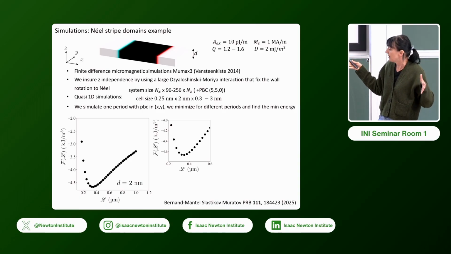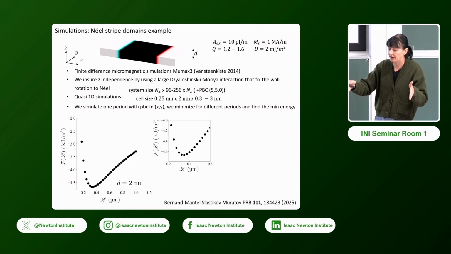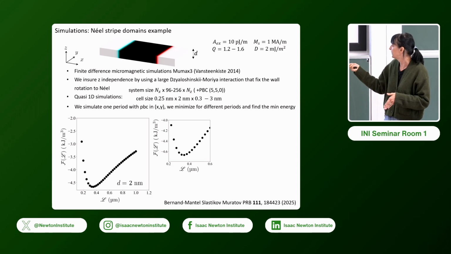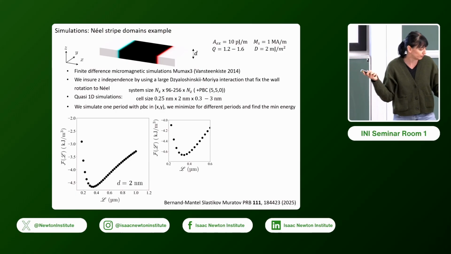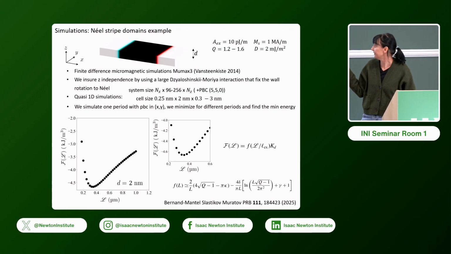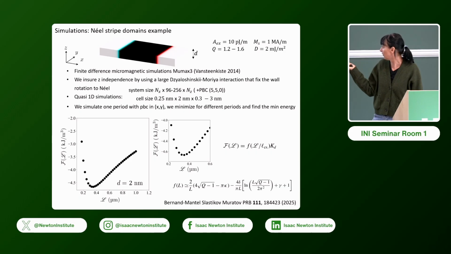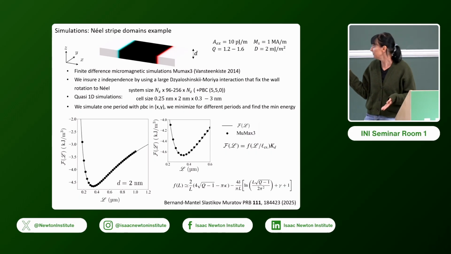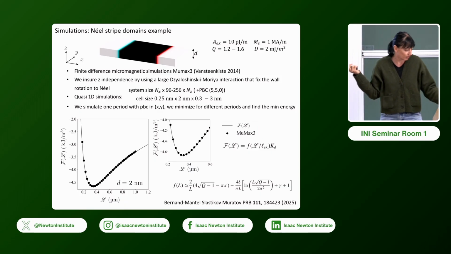pattern, and I'm just going to minimize while shrinking the thing, and eventually I obtain a minimum of energy, which is represented zoomed here, and I can compare this with my nice formula of energy density as function of L, and actually the agreement is very, very good.